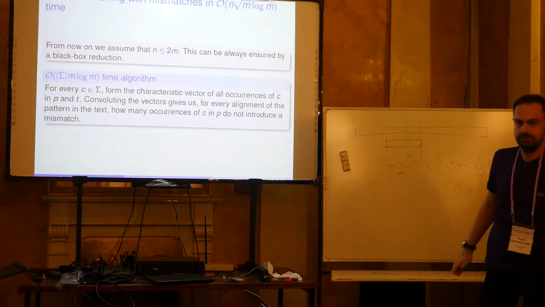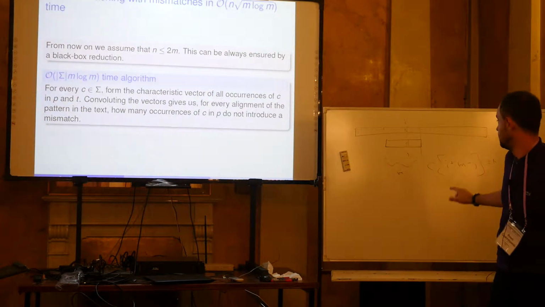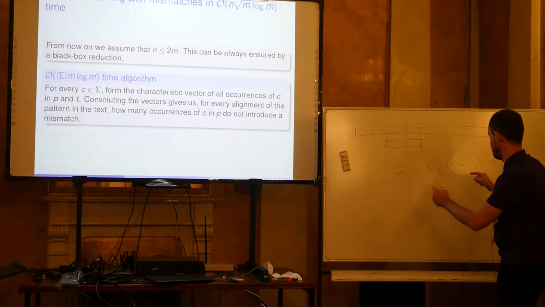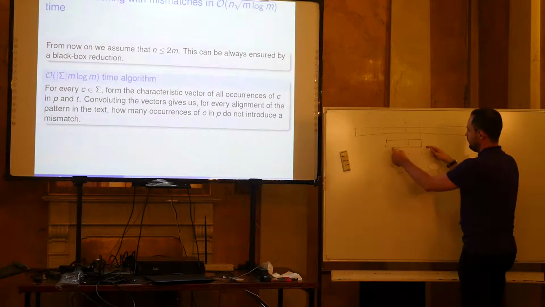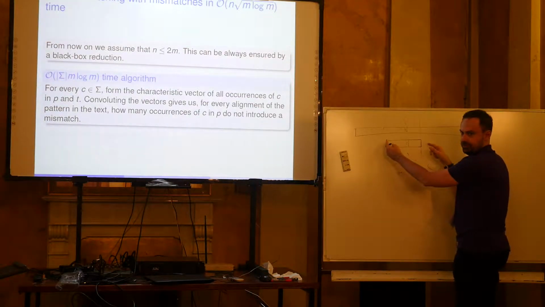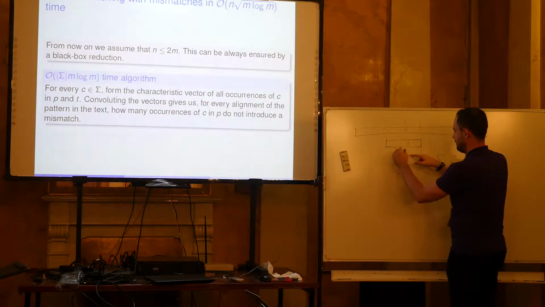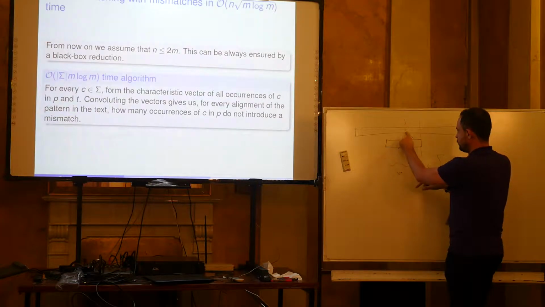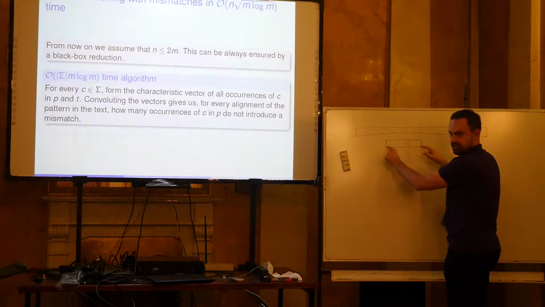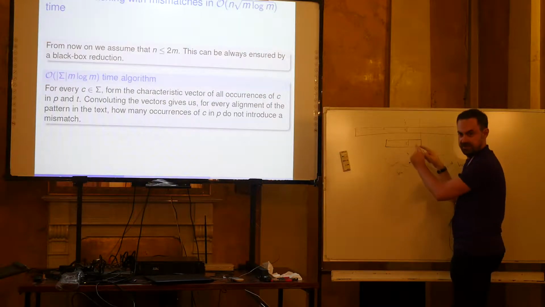Sorry, why is there not C_{i+j}? So this is a possible occurrence of the pattern. Okay, it starts somewhere here, and this is position j in the pattern, and this is position i in the text. So now, where does this possible occurrence end in the text?